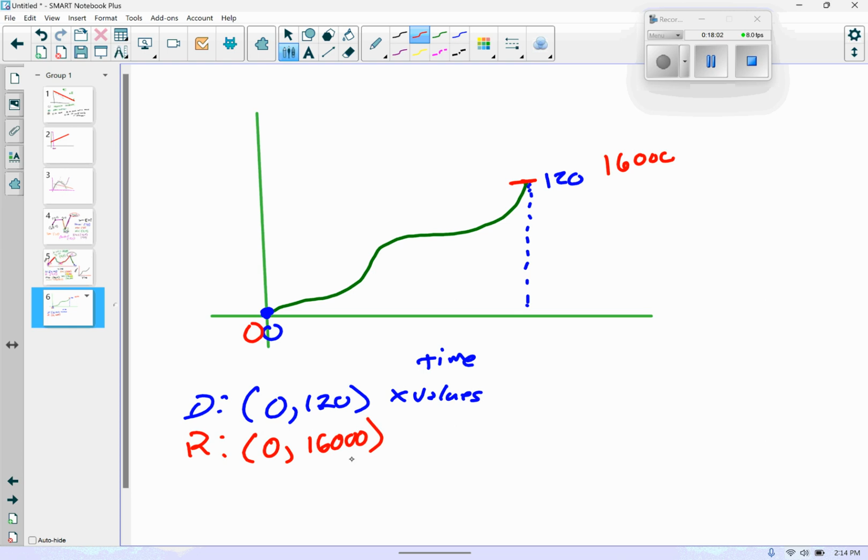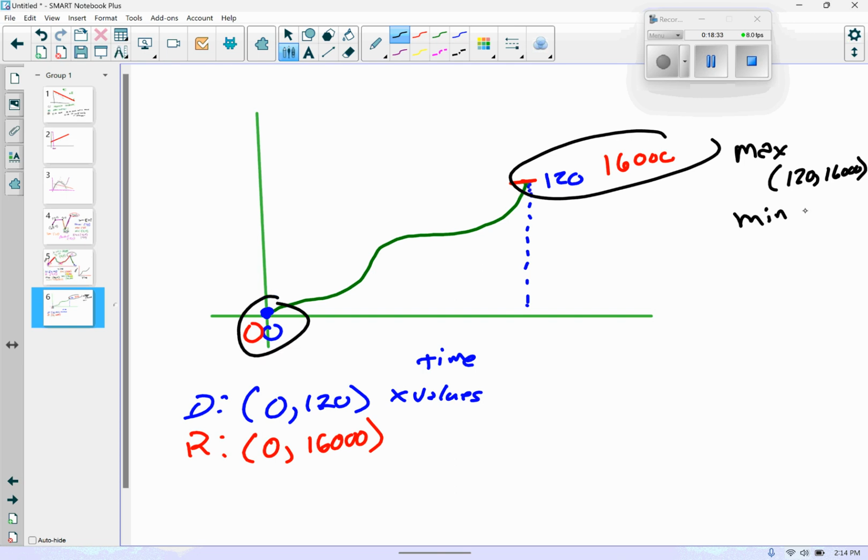Okay, again, we're using the same river to read two different things. The depth of the river for the first one, the distance traveled for the second one. And then it says the maximum. Well, this is the maximum right here. And then the minimum is right here.